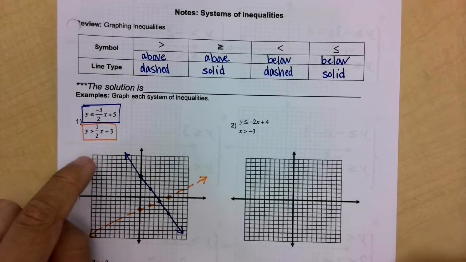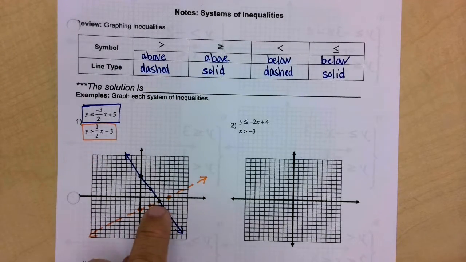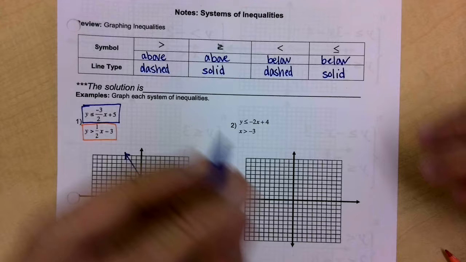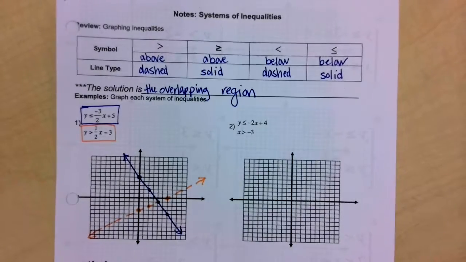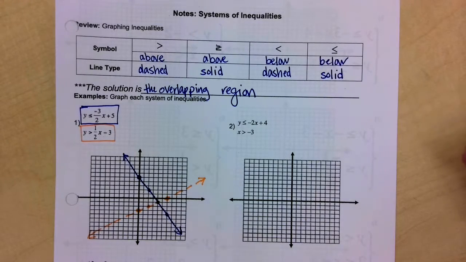Then we have to worry about, well, what's the solution? If I told you that we're not going to care about an intersection point, we want to find where there is an overlapping region. So where is there going to be some overlap? Now, how would we create some overlap?